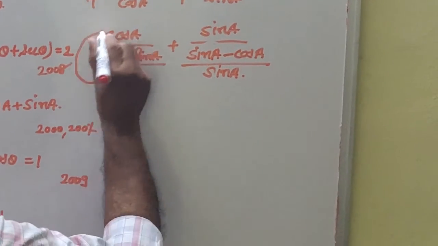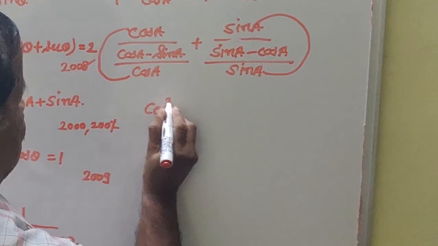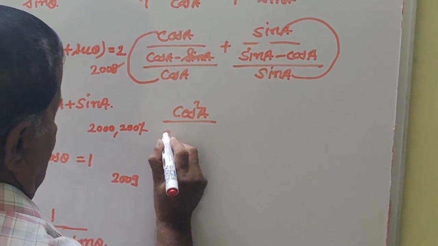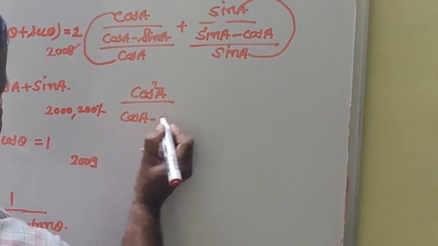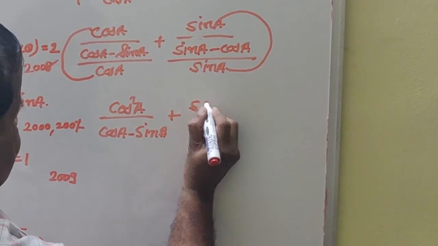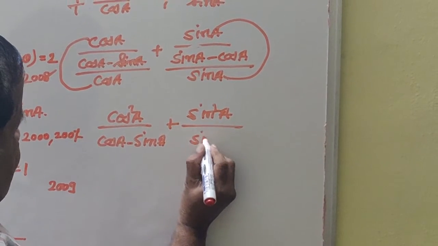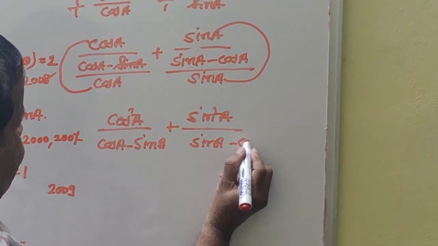Now this cos will go here and sin will go here. So what will come here? Cos square A upon cos A minus sin A plus sin square A upon sin A minus cos A.